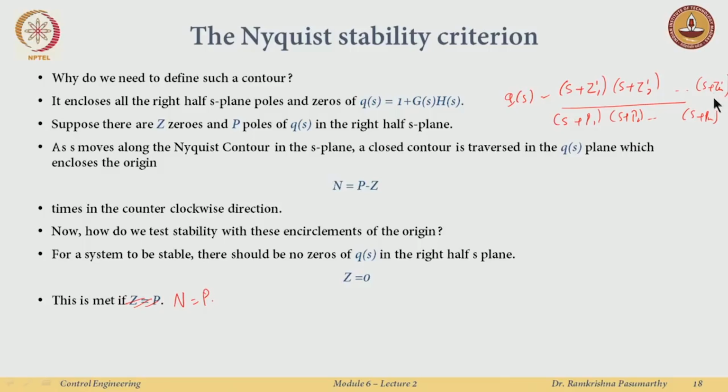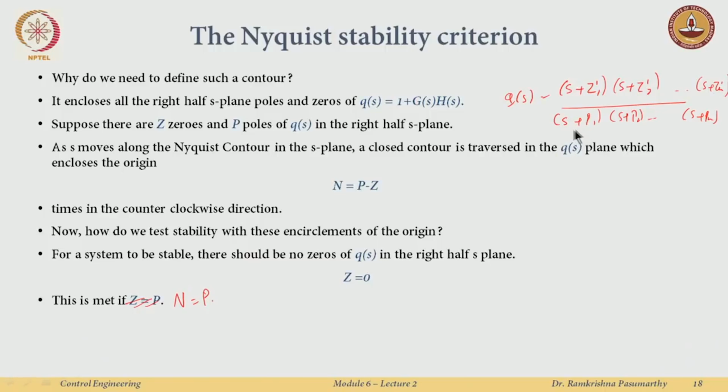For the system to be stable, there should be no zeros. All of these Z1 till Zn should be on the left half plane. None of them should sit on the right hand side. So Z should be equal to 0. Now, if Z is equal to 0 and I measure the number of counterclockwise encirclements, that should match the number of poles from P1 till Pn on the right half plane.